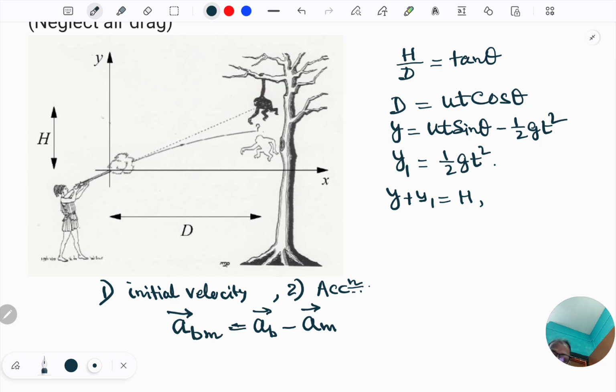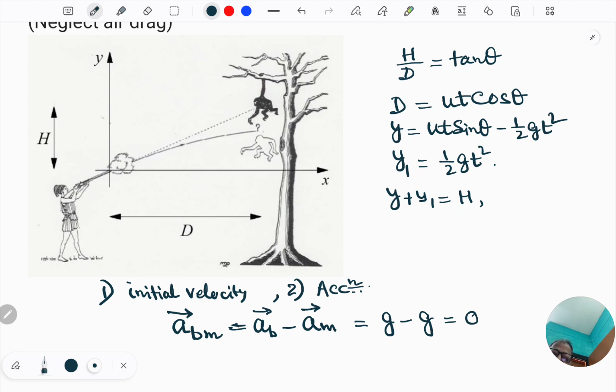This is the relative vector, as is well known to us. Since both the acceleration of the bullet and that of the monkey are g downward, the acceleration of the bullet with respect to the monkey is 0.